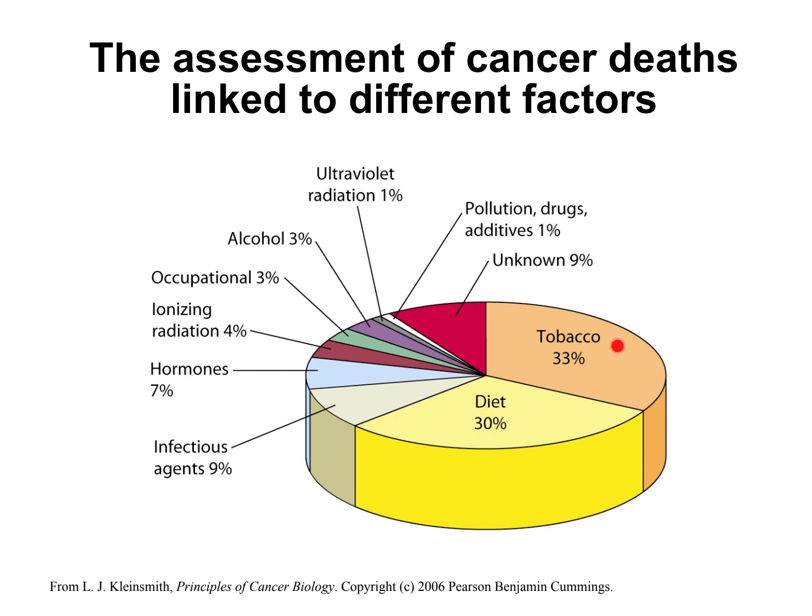And then we talked about tobacco, diet, infectious agents, ionizing radiation, alcohol, UV. Some other things that we didn't really talk about: hormones are known to cause cancer, some occupational exposure to various things, pollution, drugs, additives, and there's a big group of unknowns. So this is not an exhaustive list of things that can cause cancer.